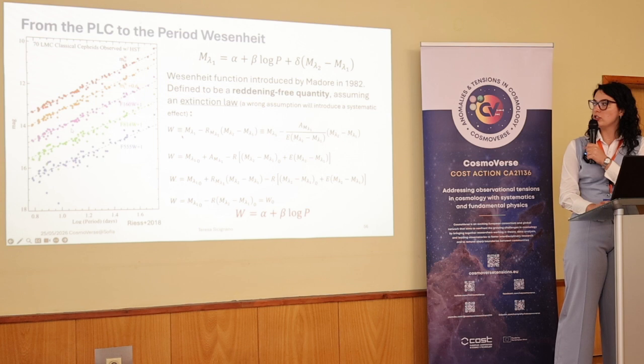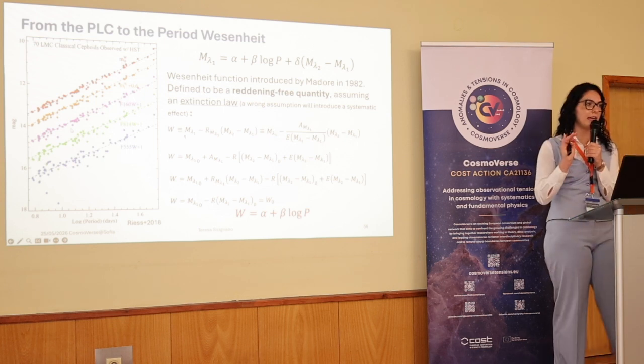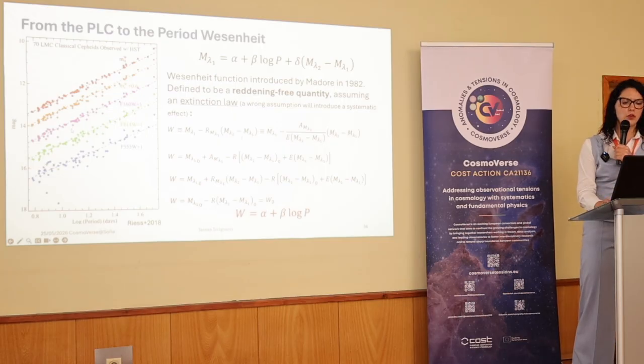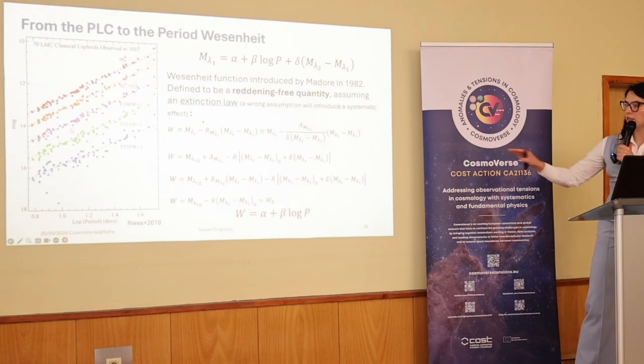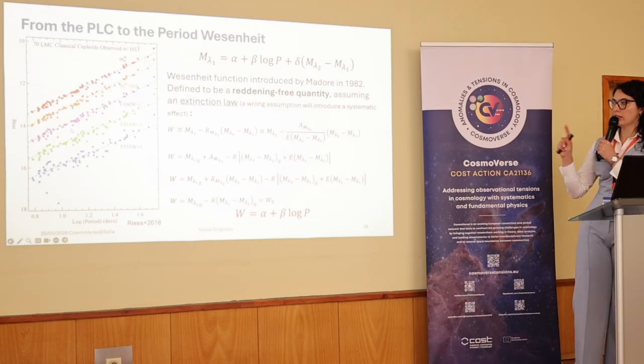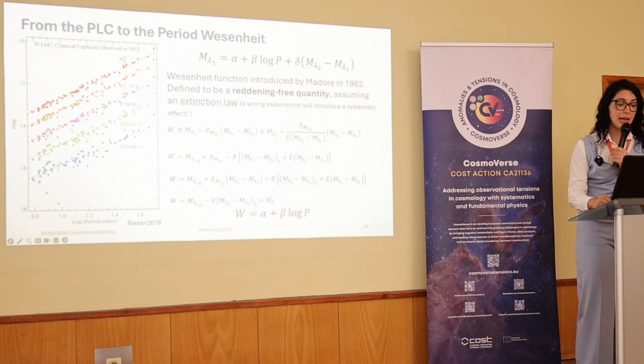Starting from this definition of a magnitude corrected for extinction, minus a color that is also corrected for the extinction law in a specific band, if you do all this calculation, it is equal to the magnitude as observed, without correcting for the extinction, minus the extinction law multiplied by the color.